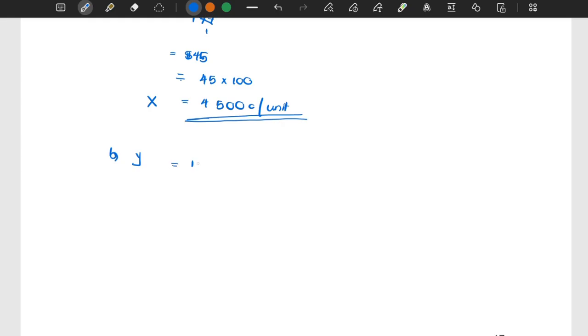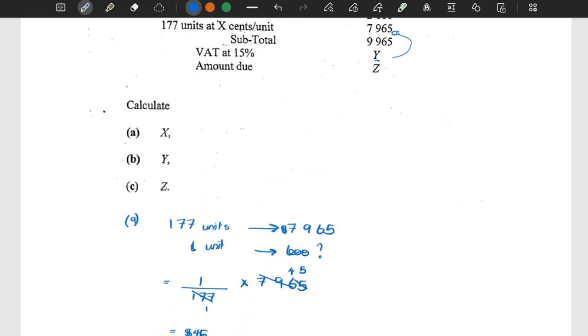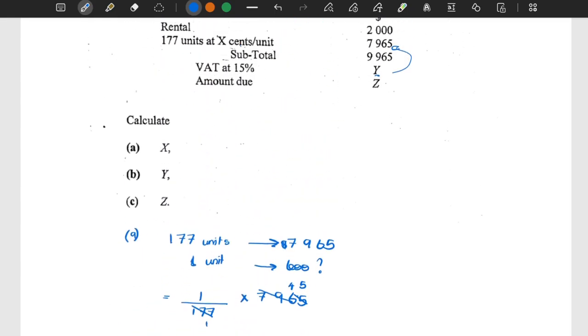So that's going to be 15% of the 7,965, and then when you compute that, you get 1,194.75. So that's why.